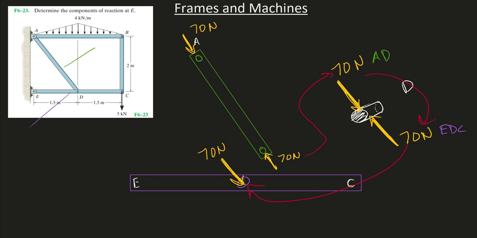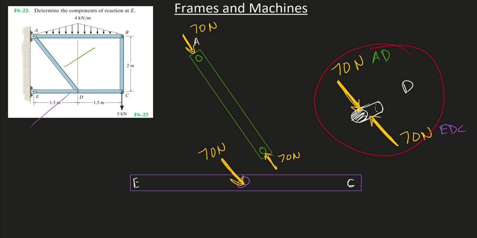No force was lost or transmitted elsewhere because essentially there's only the interaction between these two green and purple members. So here's the important takeaway from this. Because we only have two things happening here, the green member and the purple member, I can sort of neglect the pin.